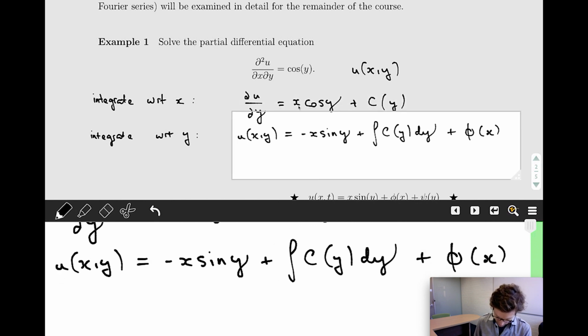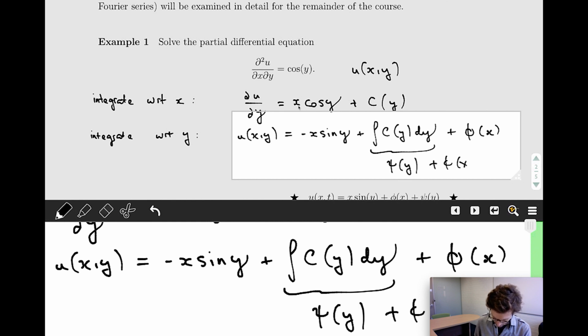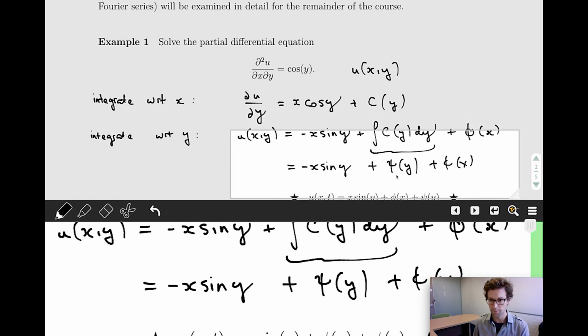Now you notice here that I've got the integral of c(y) dy. Well, that's just going to be yet another function of y. So I end up with the following solution: u equals minus x sine y plus psi(y) plus phi(x).